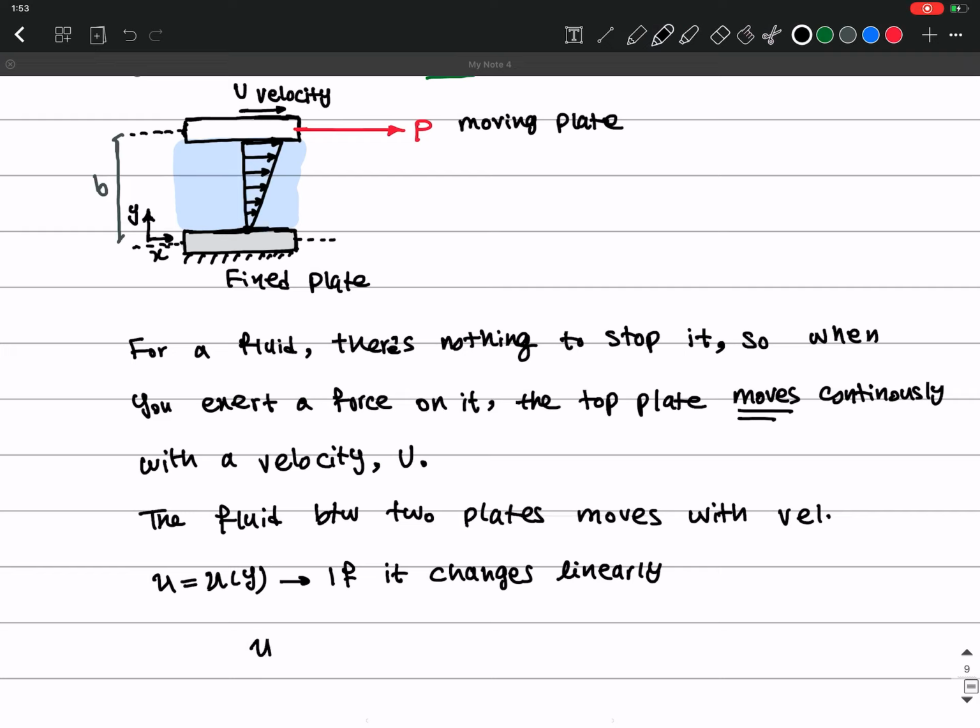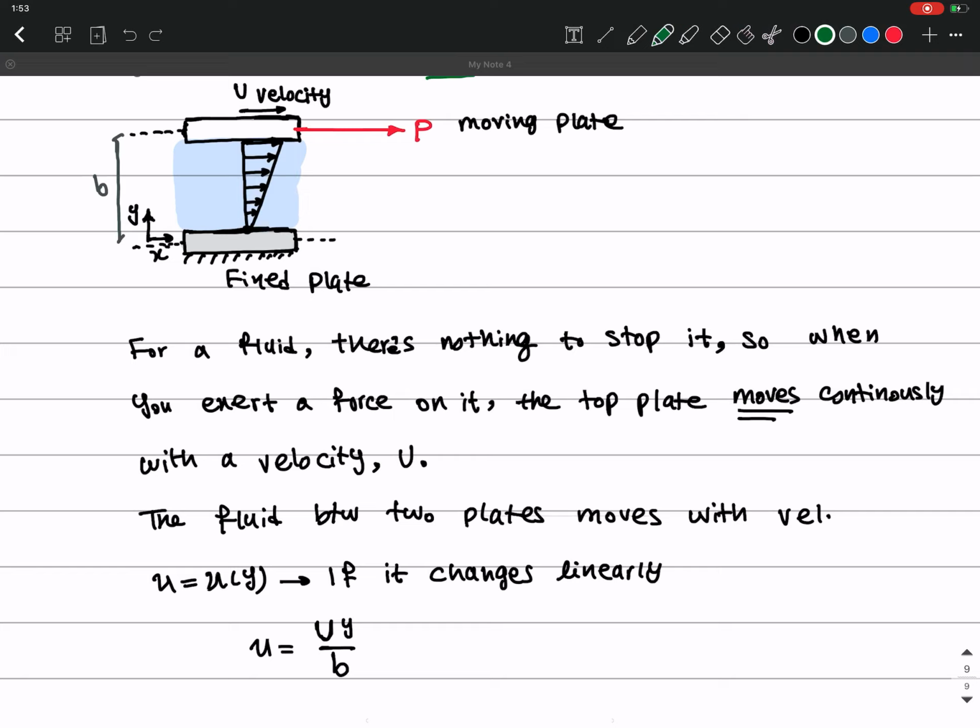So u is going to be capital U times y over b. This is just a formula of this profile. And we can check it.